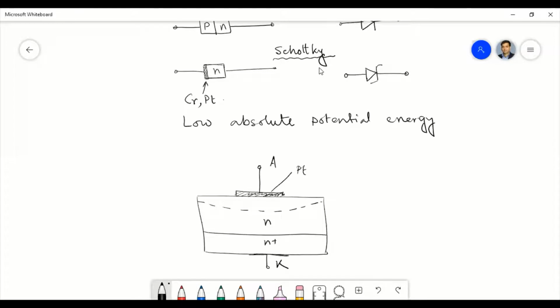The electrons in the N type semiconductor substrate have a little bit higher absolute potential energy with respect to the metal. Therefore, the electrons from this N type substrate go into the metal, and as a consequence, the metal becomes negatively charged.